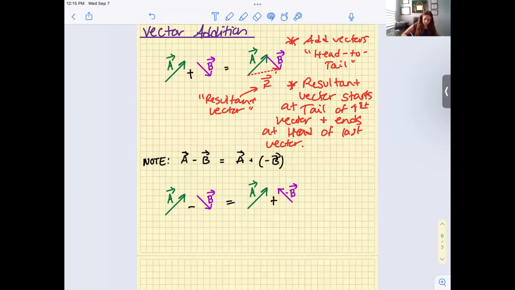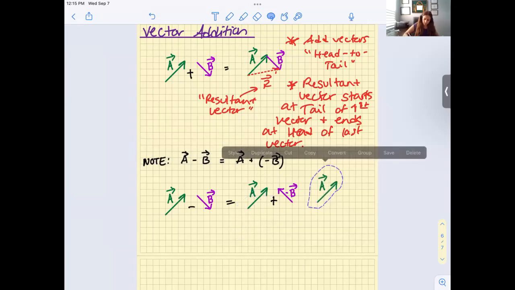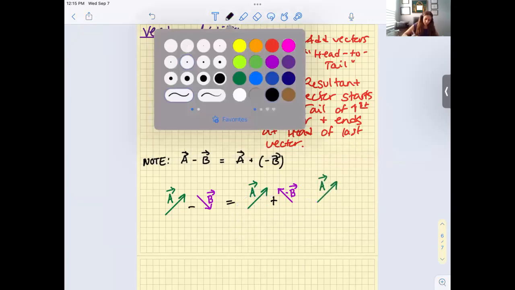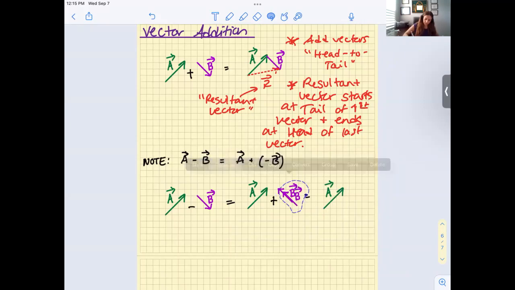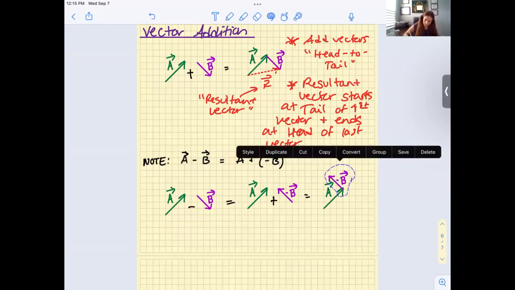So then if you were to draw it, you would take vector A, you'd take your negative vector B, connect to where A ended, right?